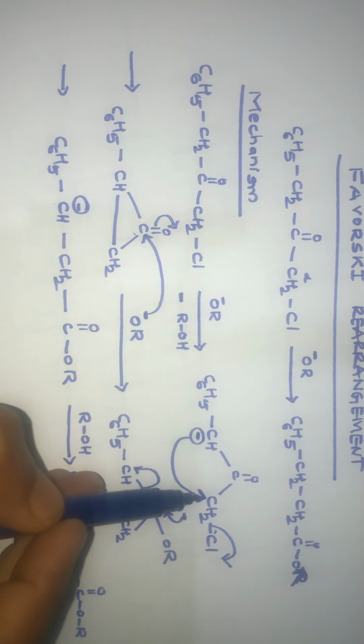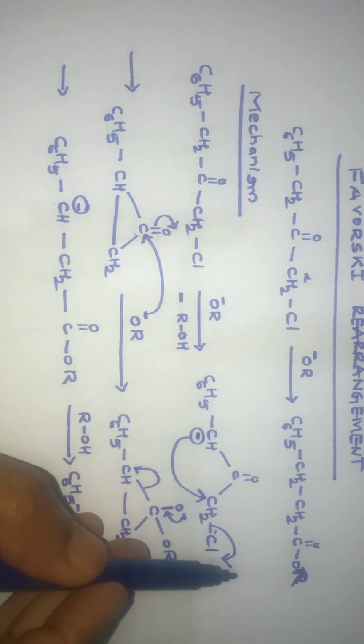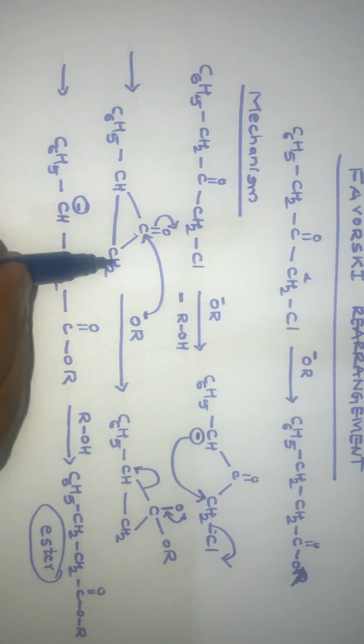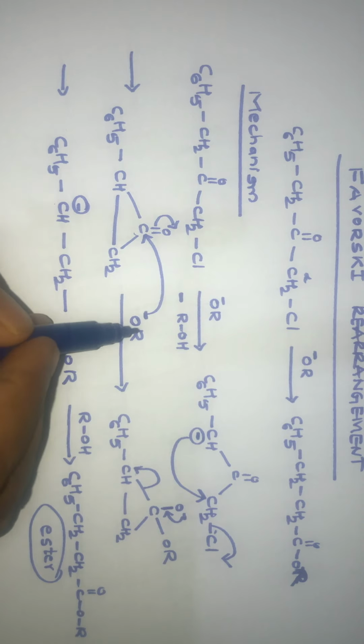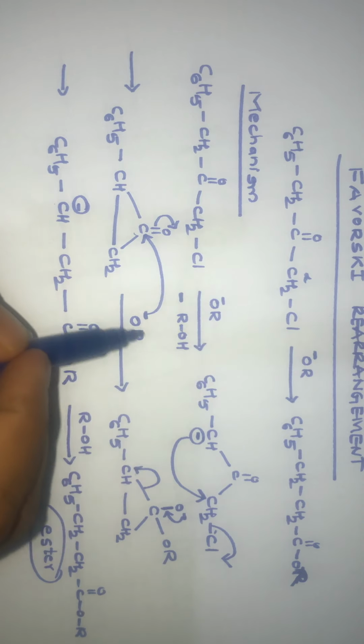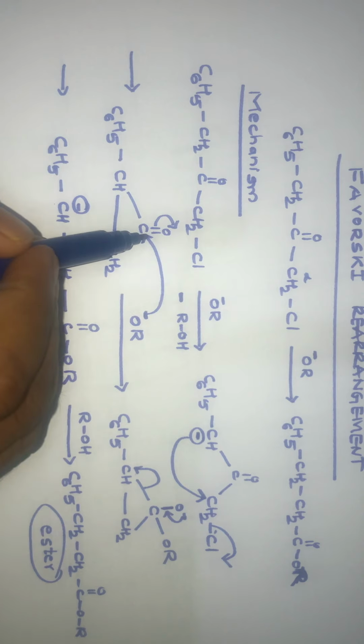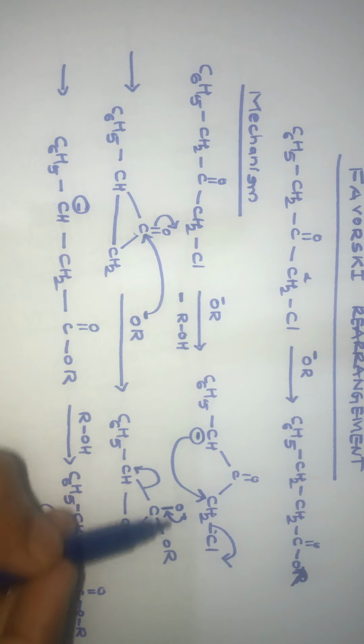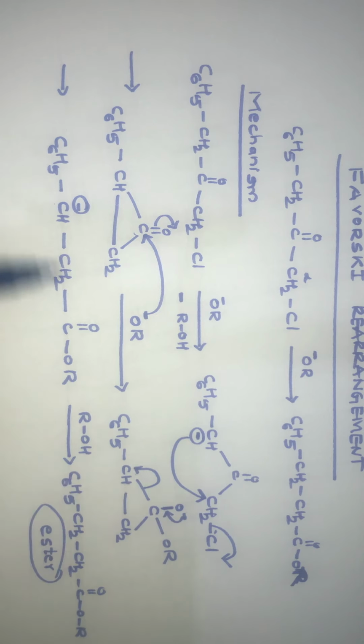This anion goes into an intramolecular attack here, attacks this carbon, expelling Cl, resulting in the formation of a three-membered ring. This alkoxide ion, since you are carrying out the reaction in alkoxide, attacks this carbon. When it attacks, the double bond O shifts to single bond O minus. When the negative charge comes here, one bond should break, this bond breaks, resulting in the formation of an anion. So in presence of an alcohol, it takes up the proton to give you an ester.